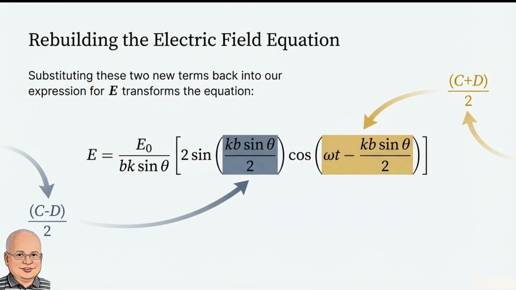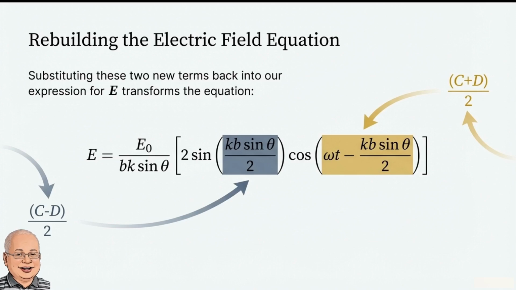Using them, E is equal to E0 by bk sin theta into 2 sin (c minus d) by 2, which is kb sin theta by 2 that we have seen from the previous slide, into cos (c plus d) by 2, that we have found from the previous slide as omega t minus kb sin theta by 2.